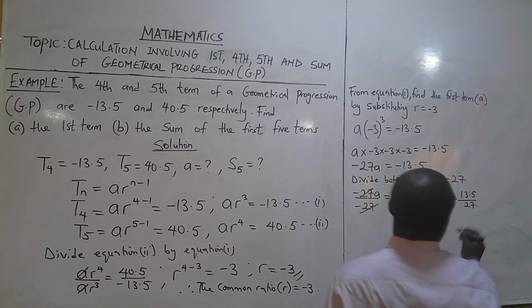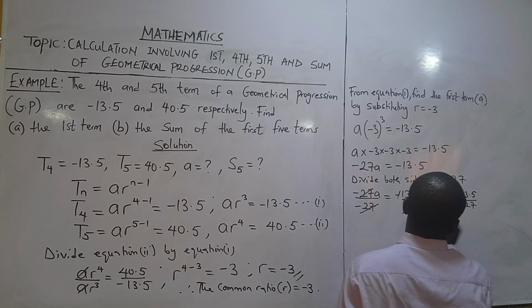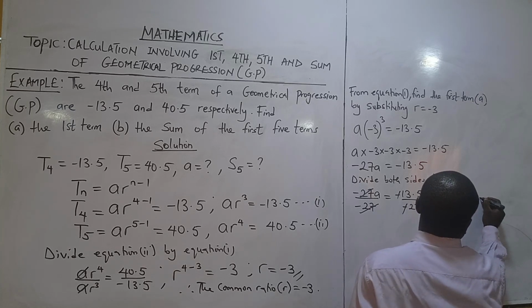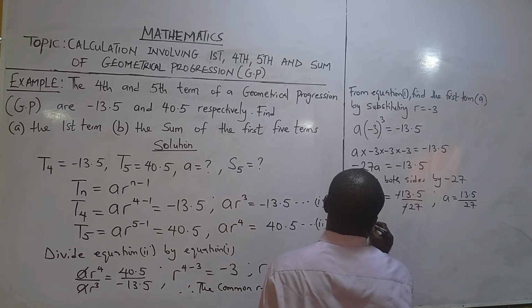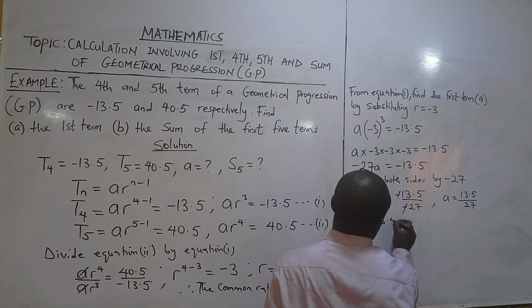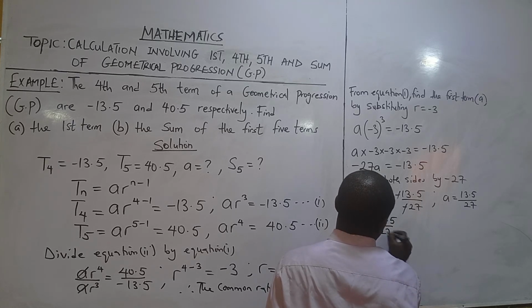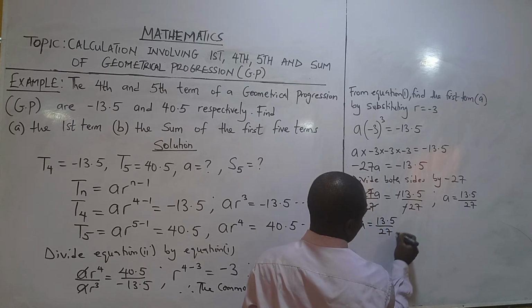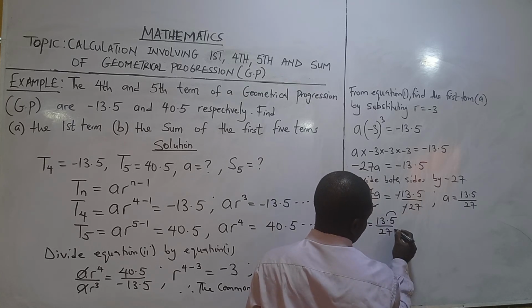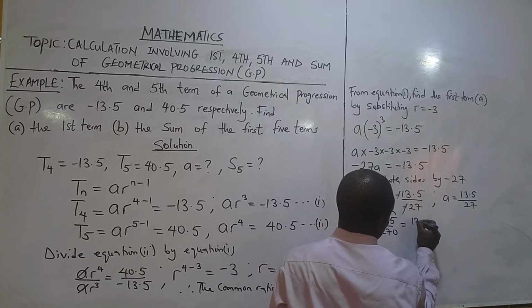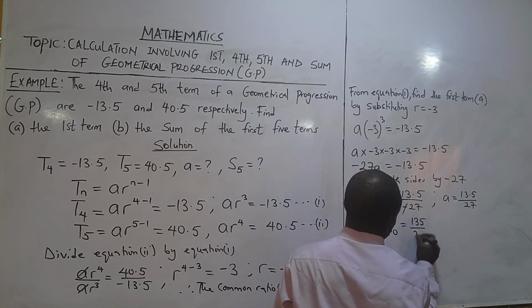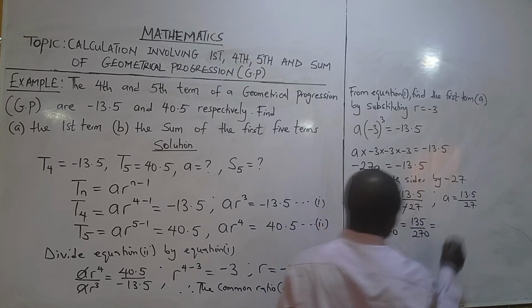When you want to use your calculator, you can still solve it by saying a equals 13.5 divided by 27. Shift once, add a 0, which is 135 divided by 270.